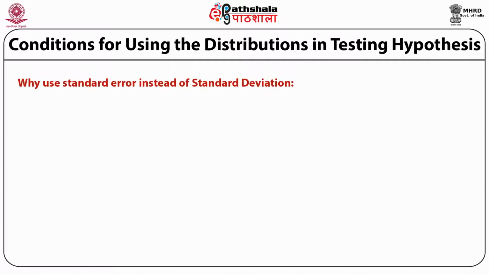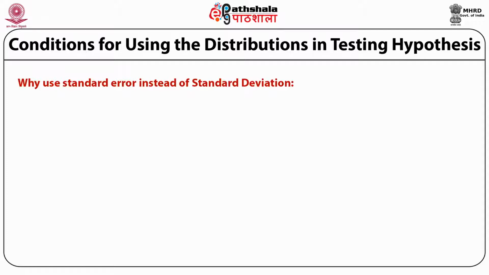Suppose you don't have the standard deviation of a population. When the population is very large, it is normally difficult to collect the data or to find the standard deviation.